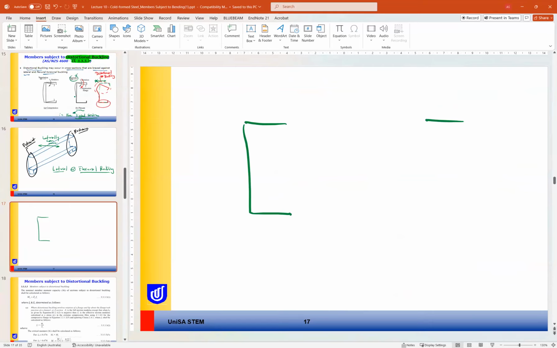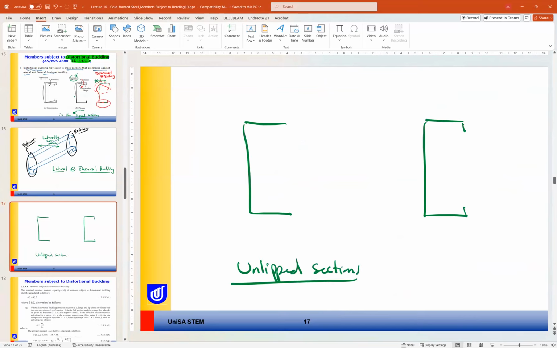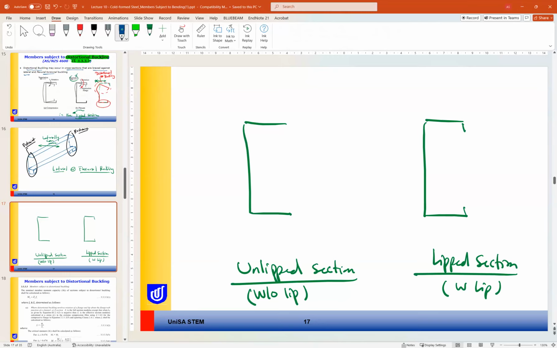We can have a lipped section or an unlipped section. Here, unlipped section means section without lip. Here, lipped section, or with lip. So distortional buckling is likely to happen for the lipped section.